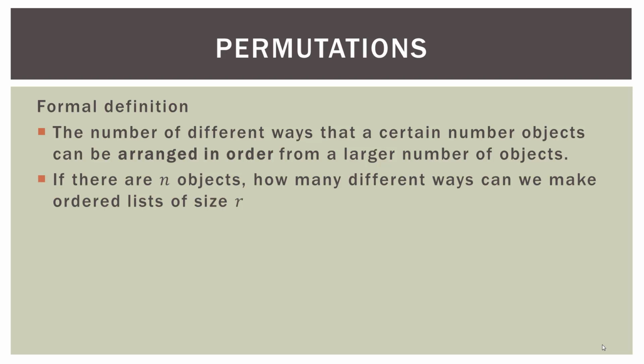In a more abstract definition, if there are n total objects, how many different ways can we make ordered lists of a certain size, in this case of size r? So we have a total number of objects that's n, and we're interested in how many different ways we can make ordered lists that are r long. We're going to talk about some examples in this video, so if you want a more concrete example, it's coming right up.